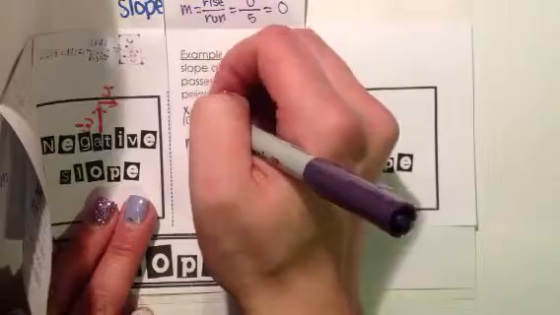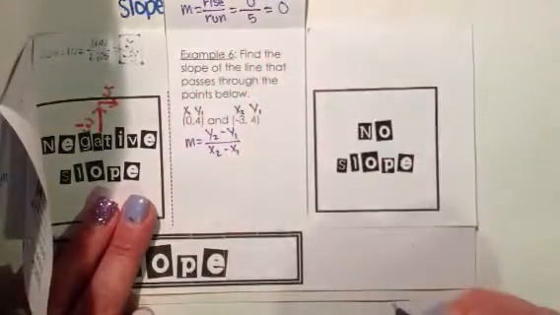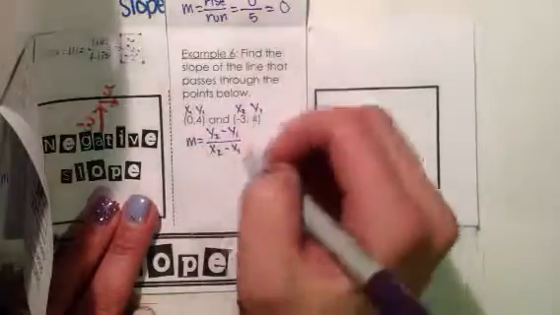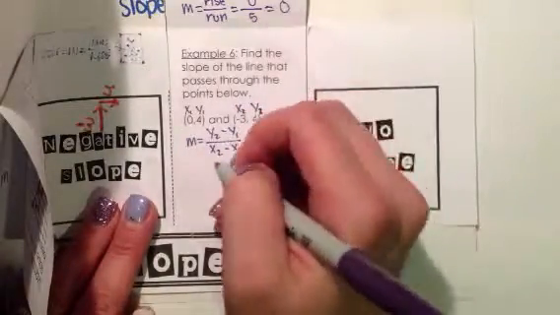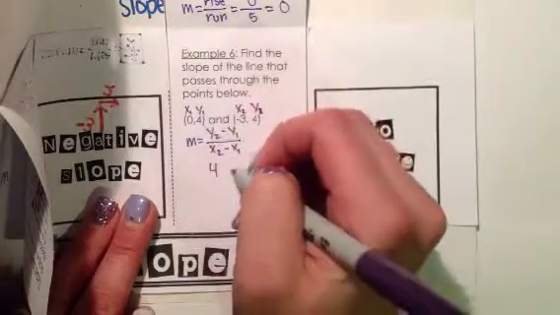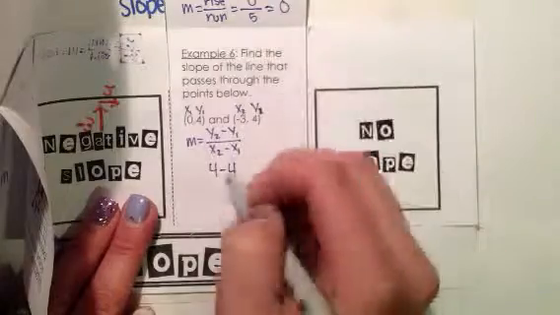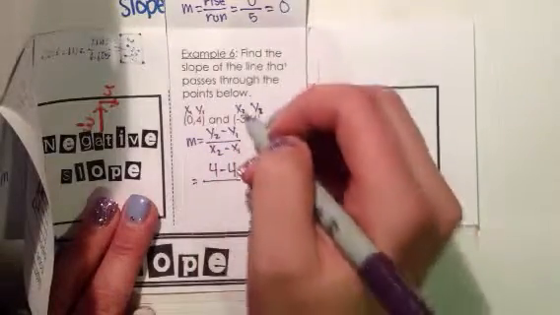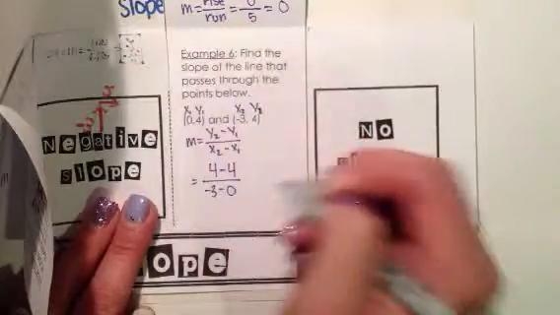I'm going to call this x1, this y1, this x2, this y2. If I plug these in, my y2 is 4, my y1 is 4, so 4 minus 4. My x2 is negative 3, my x1 is 0.